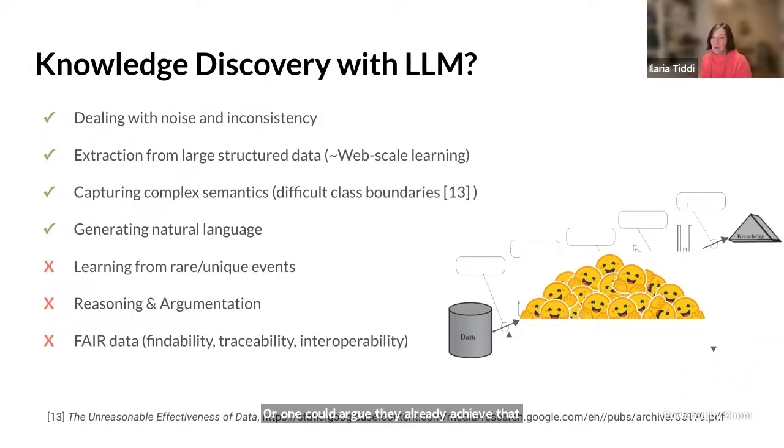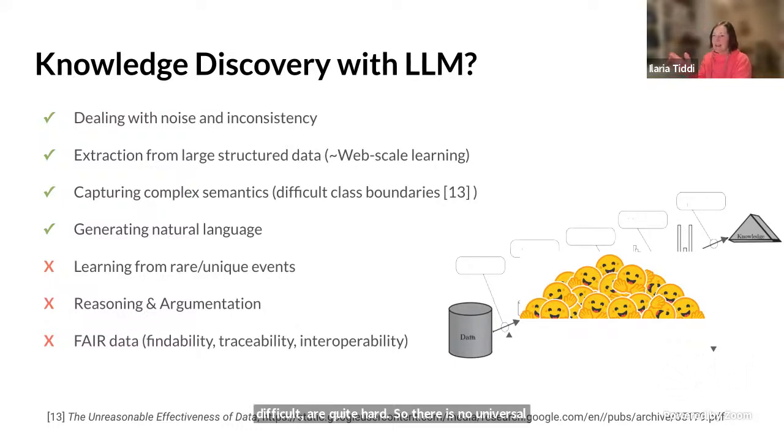They're actually quite good at capturing some complex semantics. So somehow it has been demonstrated that defining a class can be done with specific boundaries. The boundaries of the definition of a class are quite difficult, quite hard. So there is no universal class description.